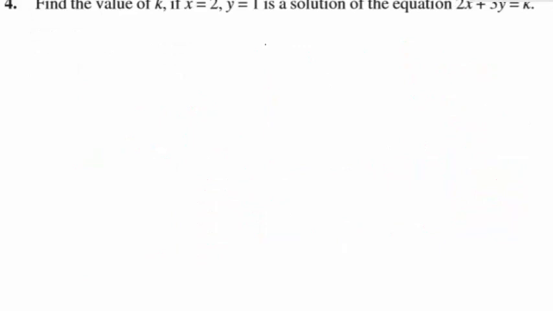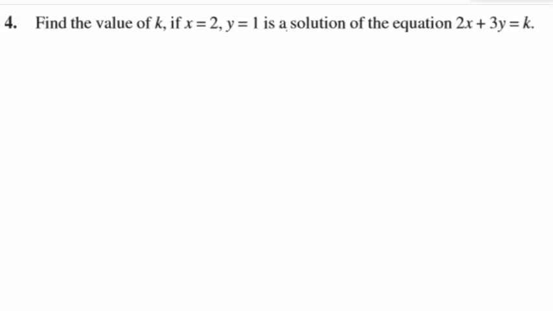Now our fourth and last question is, find the value of k if x equals 2 and y equals 1 is a solution of the equation 2x plus 3y equals k. Here we are given that the value of x is 2 and y is 1, and this is the solution. You know that if 2 and 1 is the solution, then it will satisfy the equation.